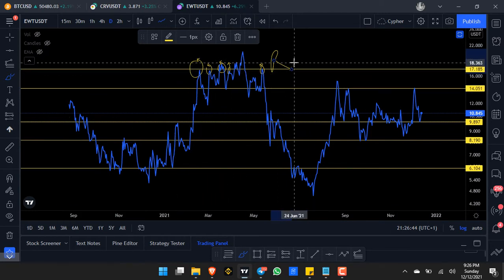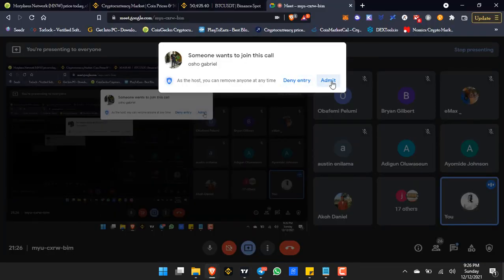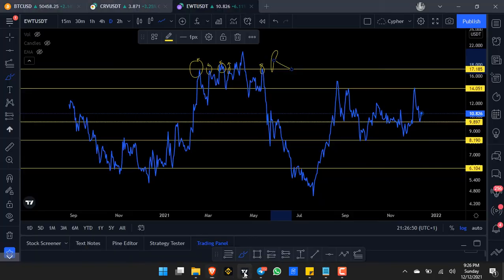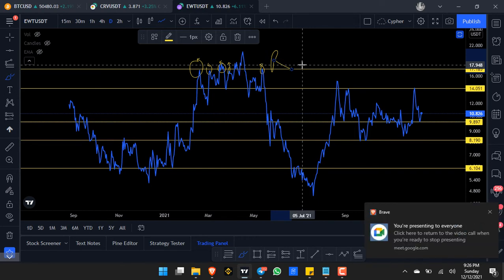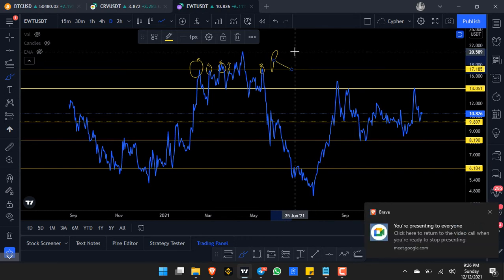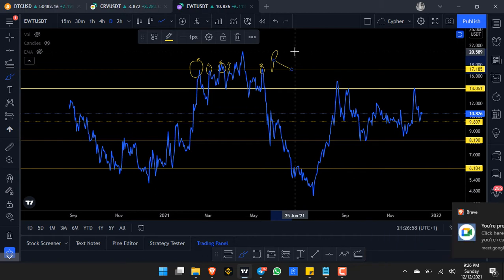Now let me explain the concept of having more than one tap at a resistance level. If you want to break down a wall, you cannot tell me that you will hit that wall with a sledgehammer once and the wall will be broken.